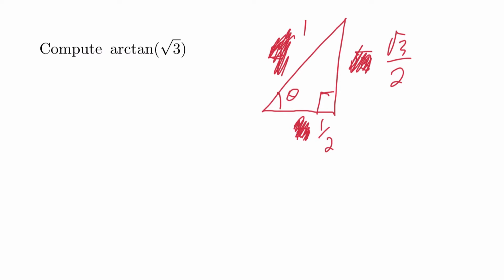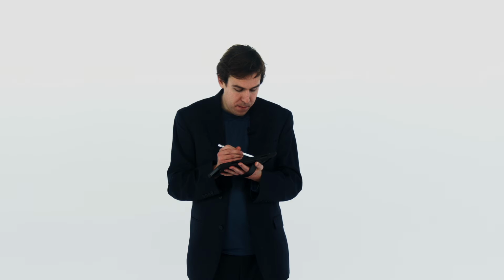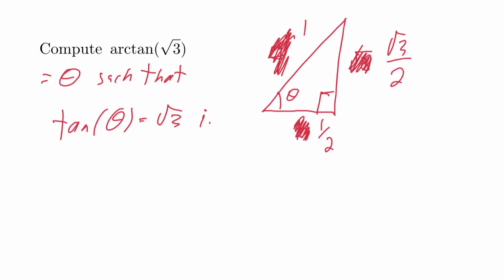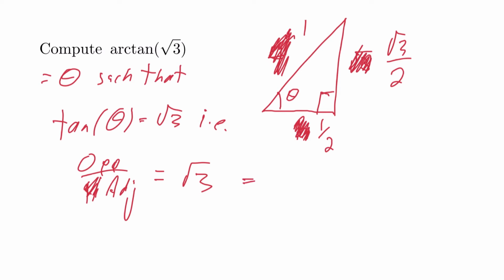I want to know what angle is theta. Because arctan of square root of 3 is equal to theta such that tangent of theta equals square root 3. In other words, opposite over adjacent equals square root of 3. And this happens in the 30, 60, 90 triangle when theta is equal to 60 degrees, or pi over 3.